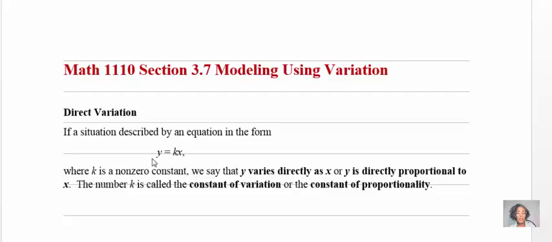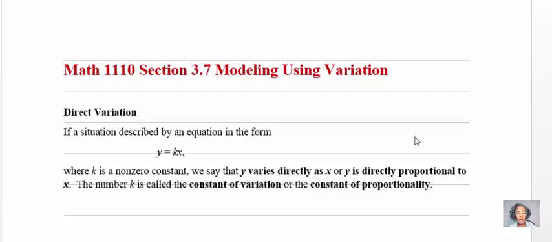X is the number of hours that you work. Y would be the pay that you get. In that example, k, the constant of variation, would be your hourly wage. So if you work more hours, you get more pay, but your hourly wage is staying the same. That's an example of a real-life direct variation problem.